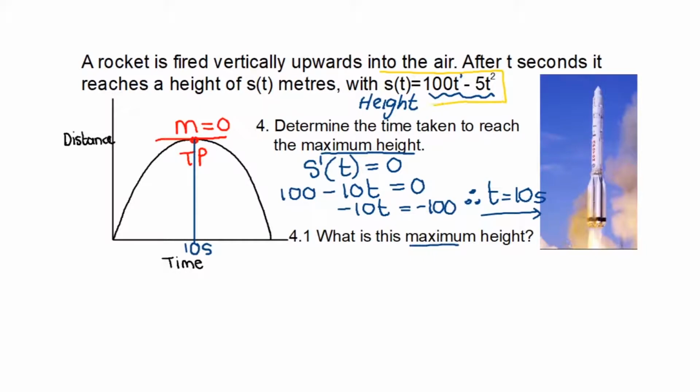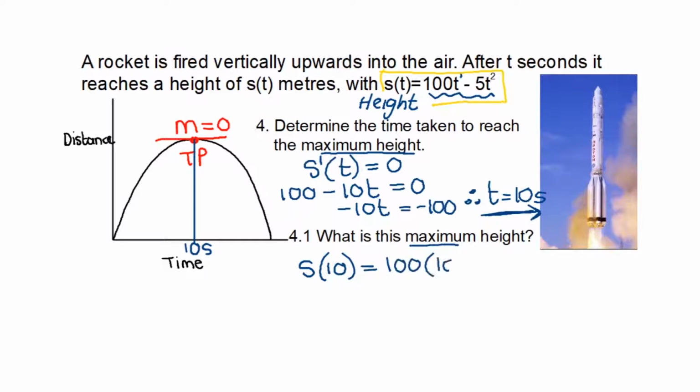The formula that I have for height is given there, and I know the time where this maximum will actually happen is after 10 seconds. So I can just use that formula and replace the t with 10 seconds, which I have just calculated.